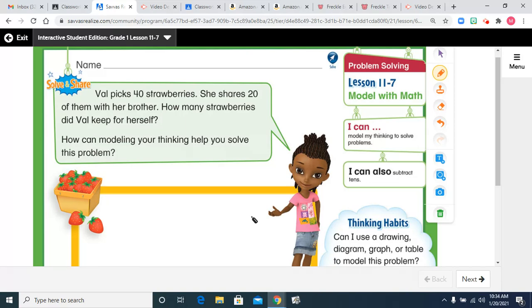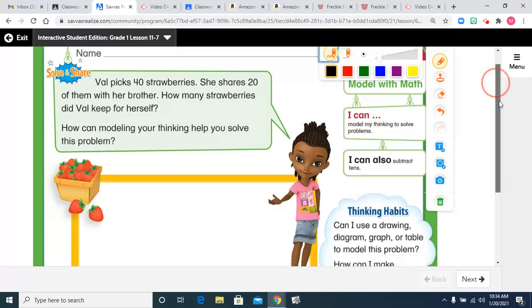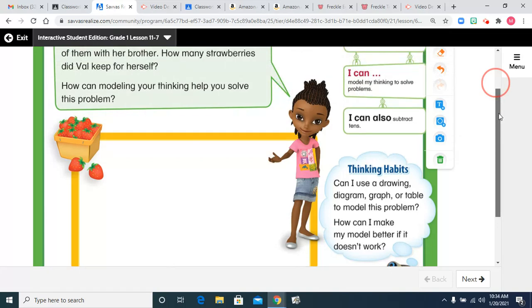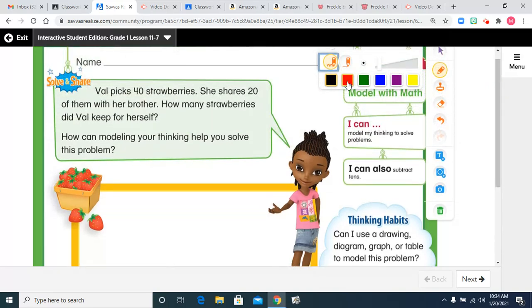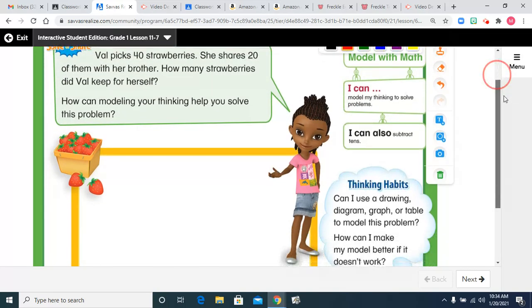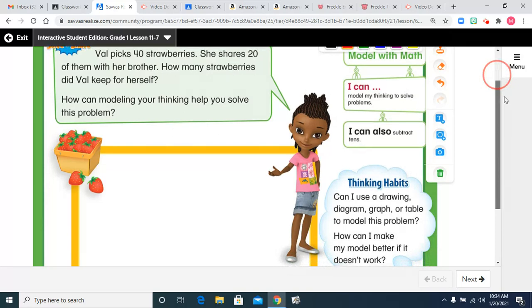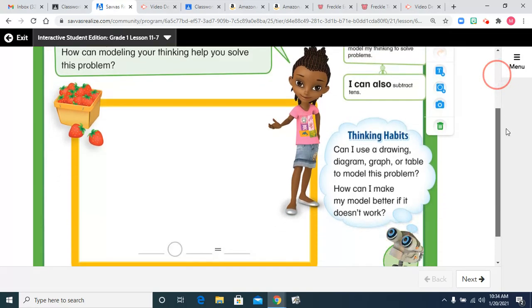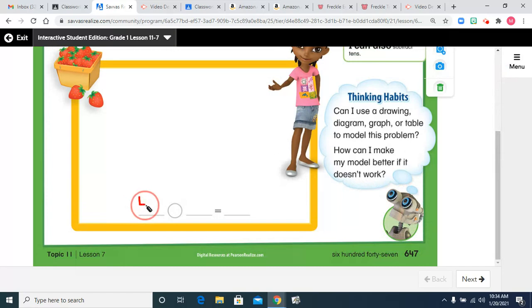How can modeling your thinking help you solve this problem? Okay, first let's make some blanks for our equation. They already have blanks there. Okay, let's fill in part of our equation then. So Val, from the start, picks 40 strawberries.